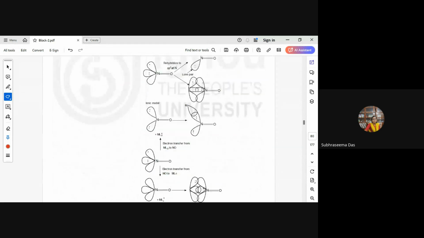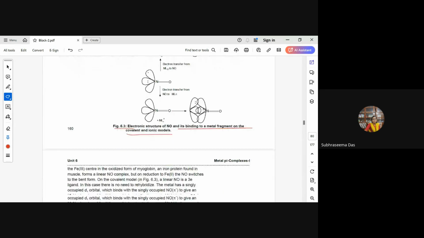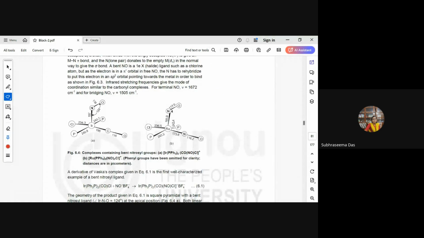So here we can see the electronic structure in figure 6.3, the electronic structure of NO and its binding to a metal by both covalent and ionic models. In figure 6.13, these are two very peculiar examples of complexes that contain bent NO bonds, and the structure has also been confirmed from the IR stretching frequencies, which indicated their bent structure.